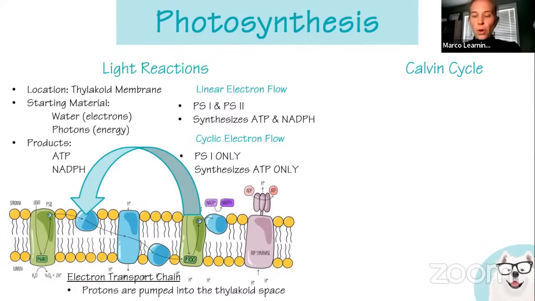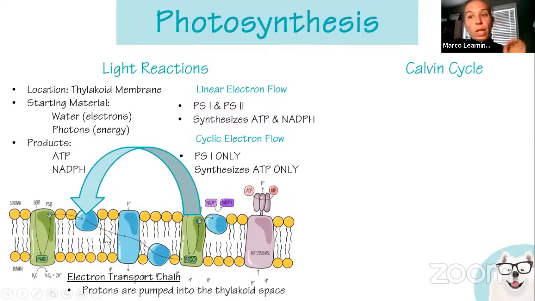So some of your photosystems are already set up so that they're going to be cyclic. And some of them are already set up so that they're going to go through linear. Between both of them, we're going to make enough ATP and NADPH to be able to fuel into the Calvin cycle. So I think I said all that. I did not mention which direction.